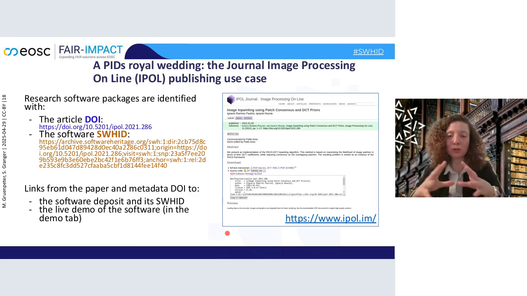So this is in a publisher workflow where you have the article with a DOI and the SWHID, which is deposited in SoftWare Heritage, and where we can show you how this connection is actually done.